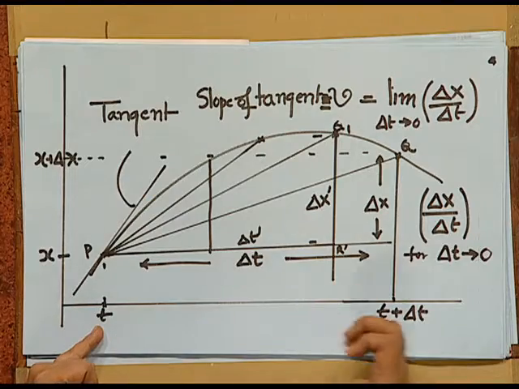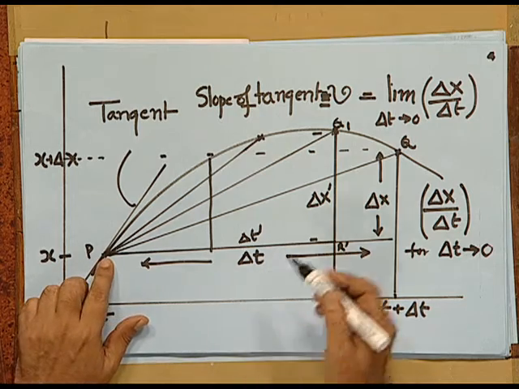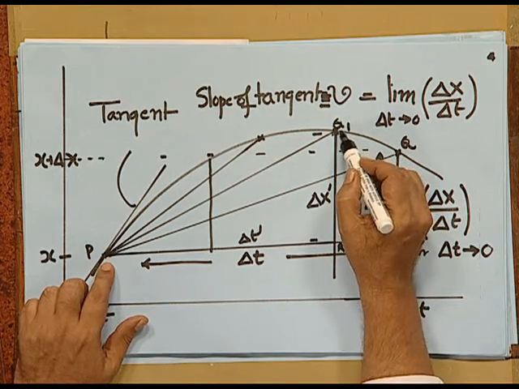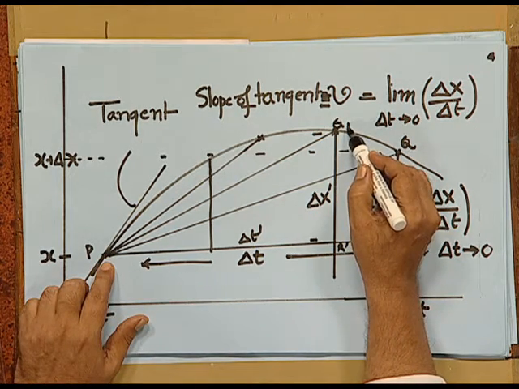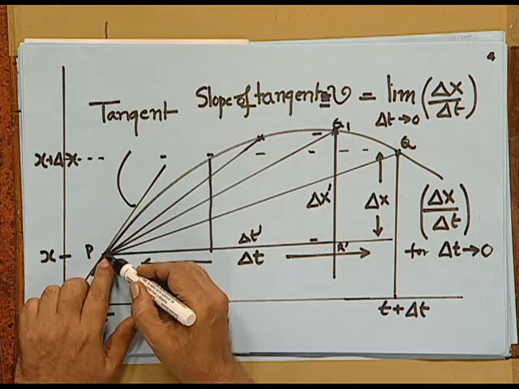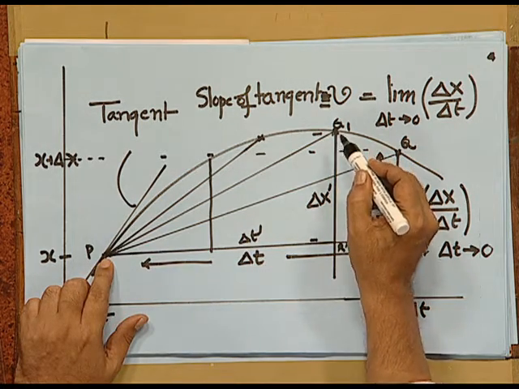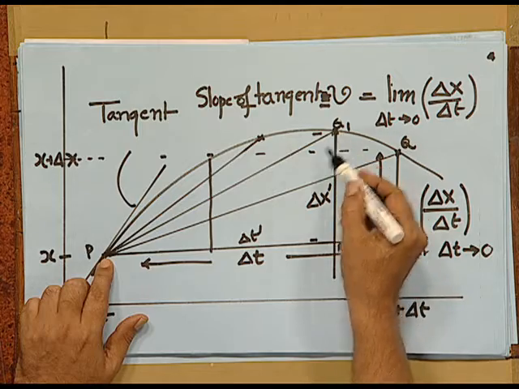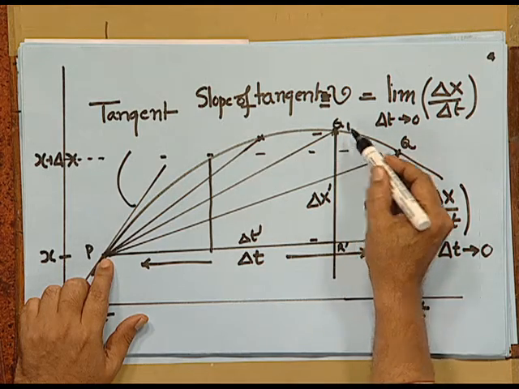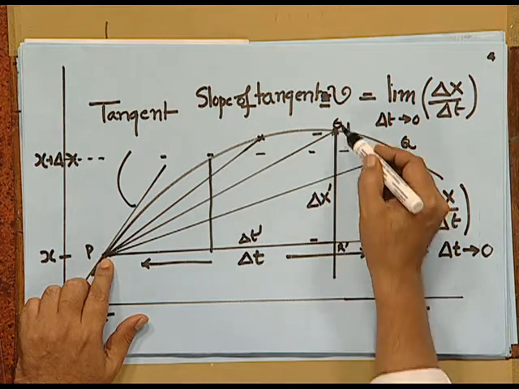Now, look what I am going to do is to reduce this time interval between t and t plus delta t. Consider an interval of time which is smaller than this. At that instant of time, the object is at Q dash. Join the line PQ dash and form the right angle triangle PQ dash R dash.